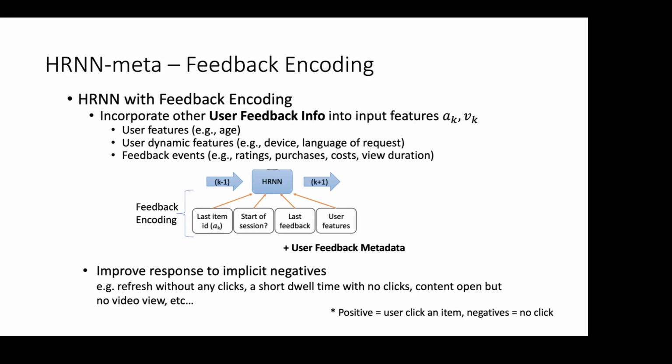And the implicit negatives mean unintentional negatives, such as refreshing without any clicks, or just short dwell, random visits on web pages. They say this metadata can improve the response to these implicit negatives.